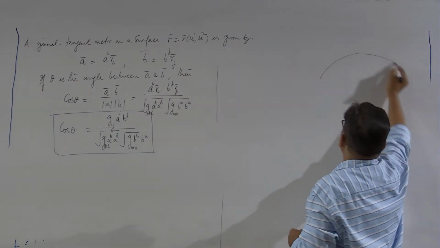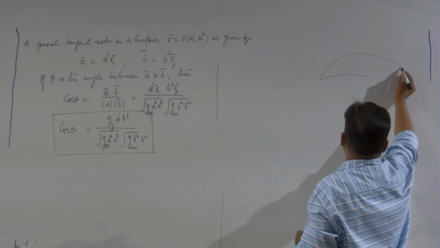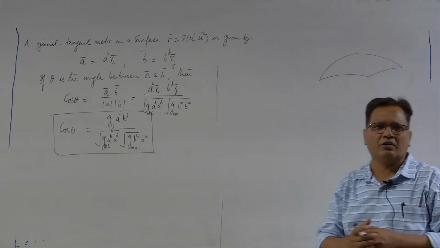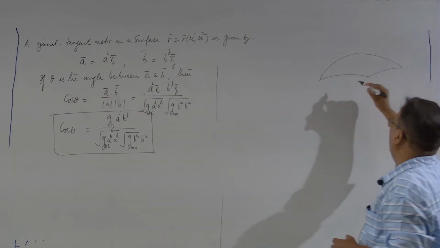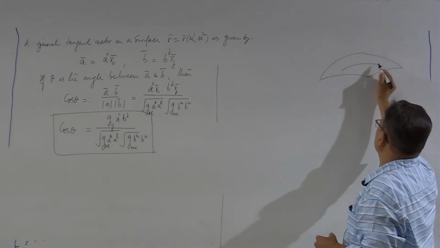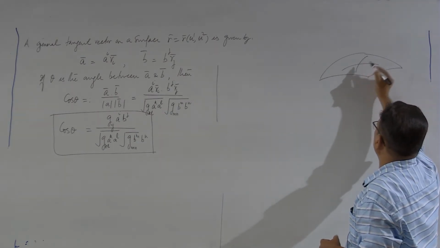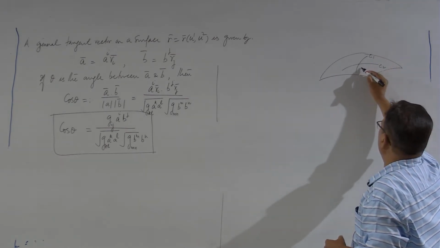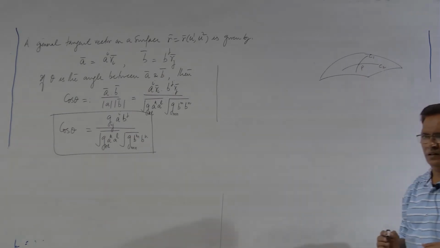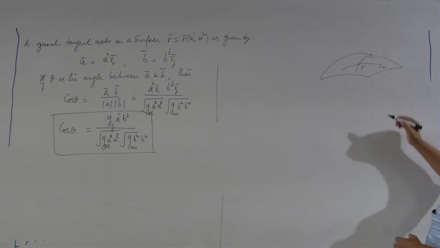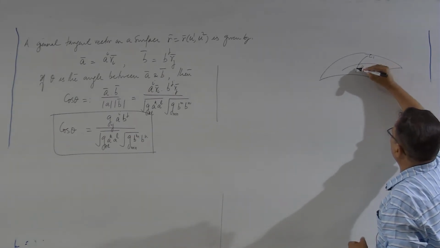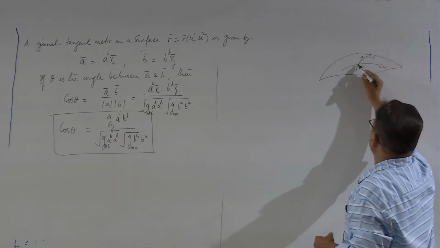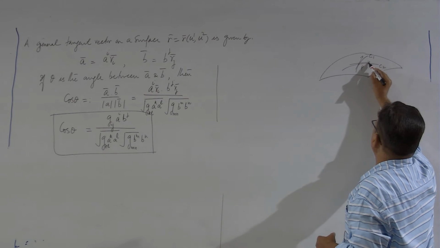So, assume that there is a surface in parametric representation r equal to r of u1 u2, and suppose there are two curves C1 and C2 which are intersecting each other at certain point P. So, two intersecting curves, what you do, you draw tangents to these curves at the point of intersection.